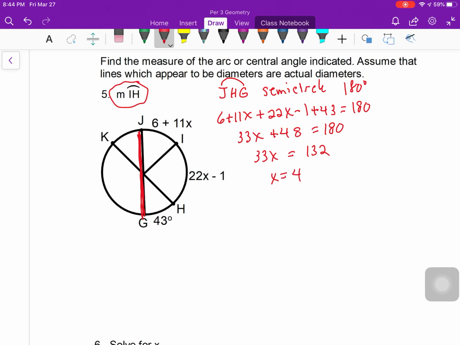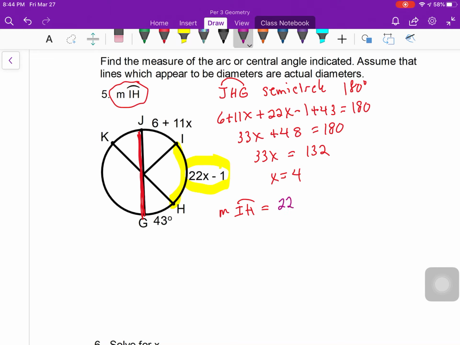Divide by 33. So x is 4. The measure of arc IH would equal, let's see, IH would be this one right here.